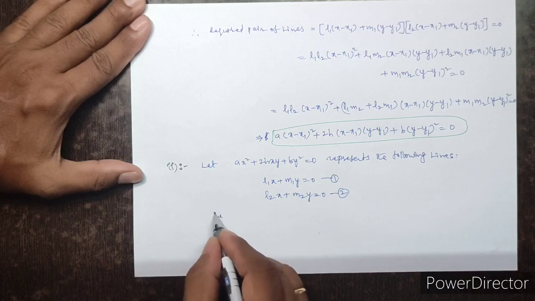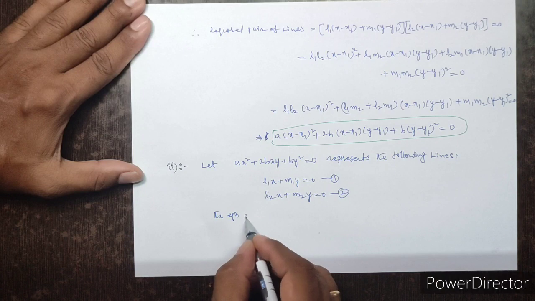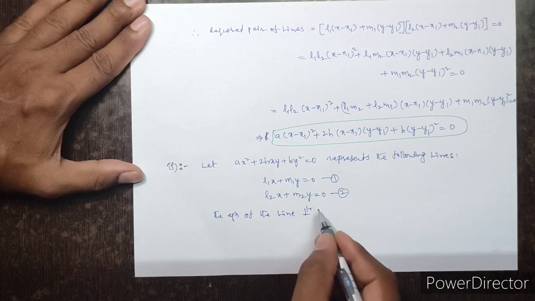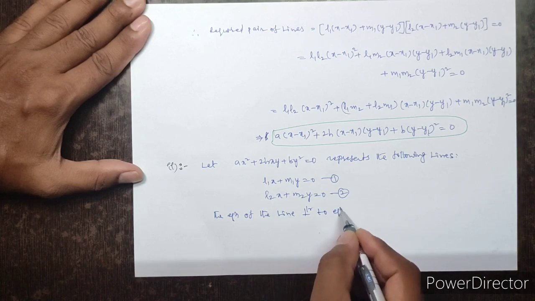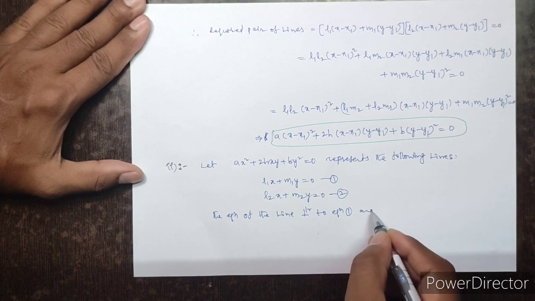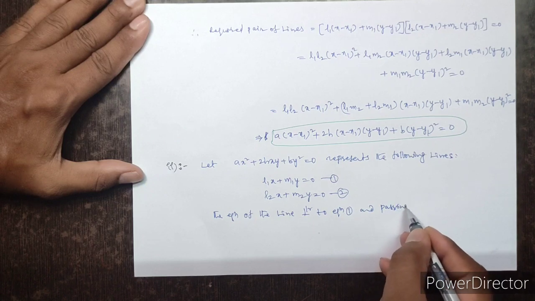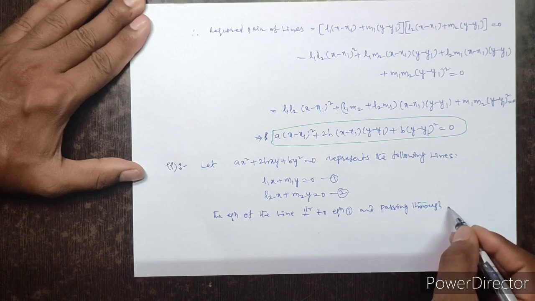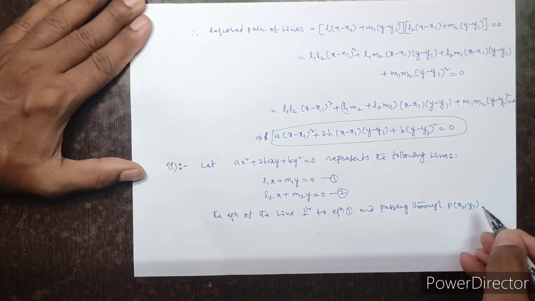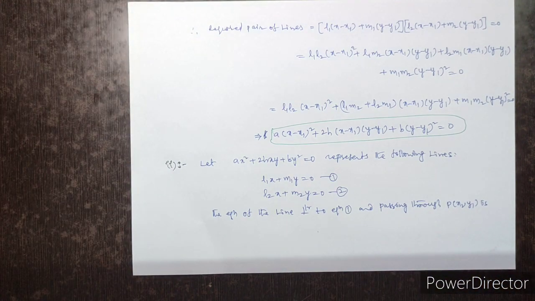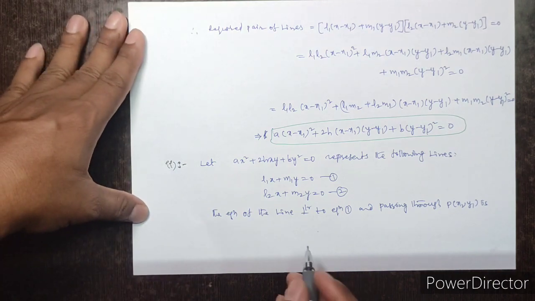The equation of the line perpendicular to equation 1, the first line of the pair of lines, and passing through the point P(x1, y1) is, already we have discussed perpendicular line to the given line in the straight lines chapter.